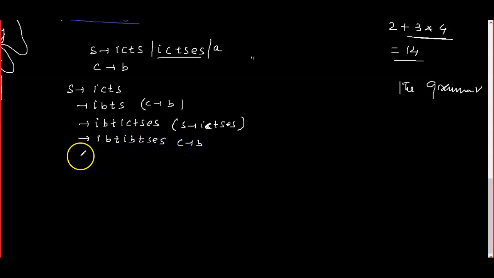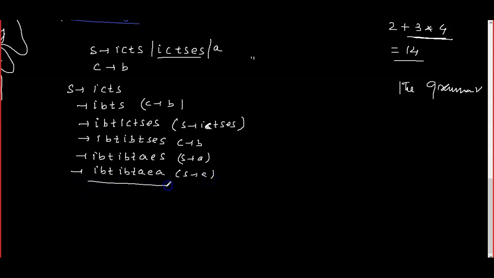C is b here, ibt, and this is a, eS, and this is again a. Getting here?